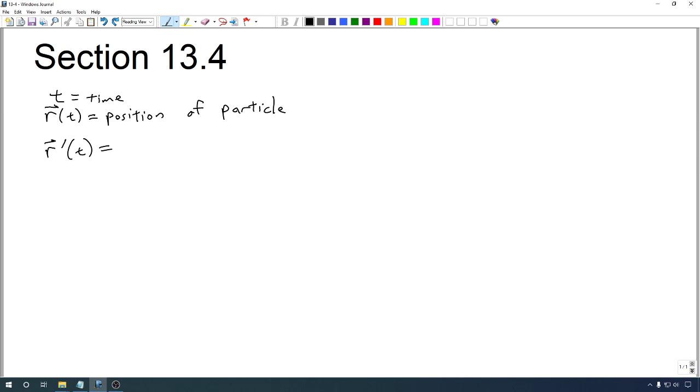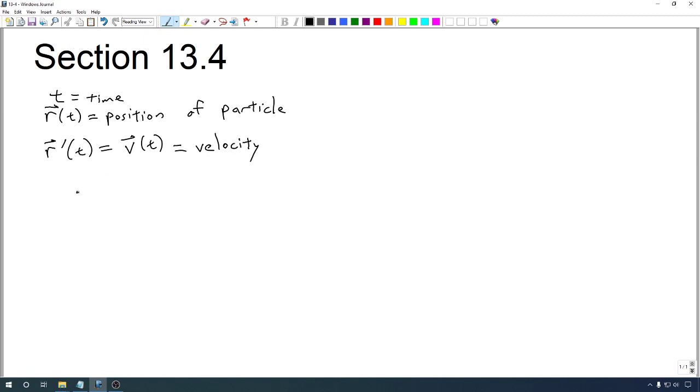You could say it tells us how fast the magnitude is changing in a sense. But it also tells us the direction that the particle is moving. So what we actually get is what we call the velocity. And the velocity of something is not just the speed. It also includes the direction that the object is traveling. So this is the velocity vector.